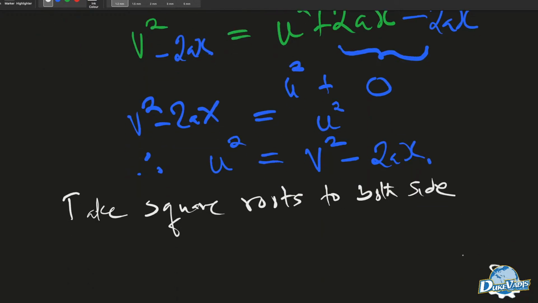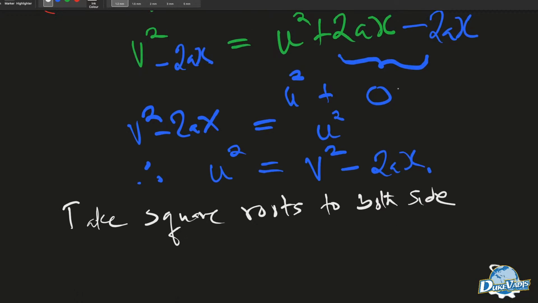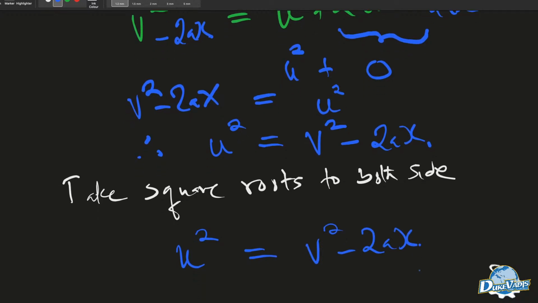Of the equation. So we see this, we have our u squared is equal to v squared minus 2ax. So we take the square root of that. The square root of that will be the square root of this and the square root of that.